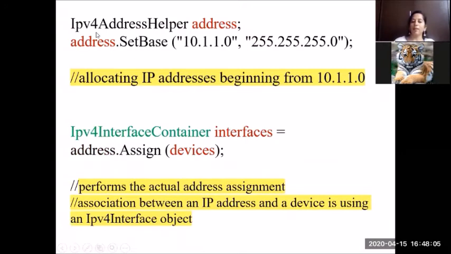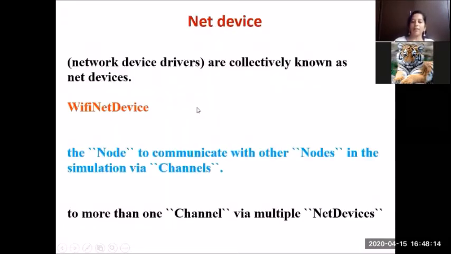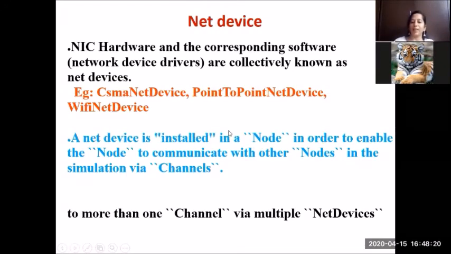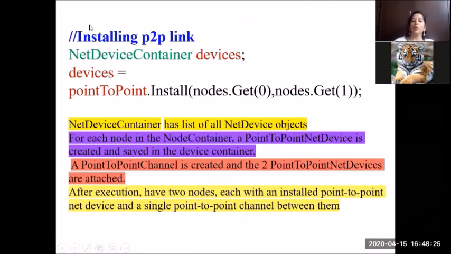Similarly, here I'll say IPv4 address helper address. It's the same slide. Next, we have to install net devices. As I told you, the network interface card hardware is called a net device along with its software. So where do I install this net device?